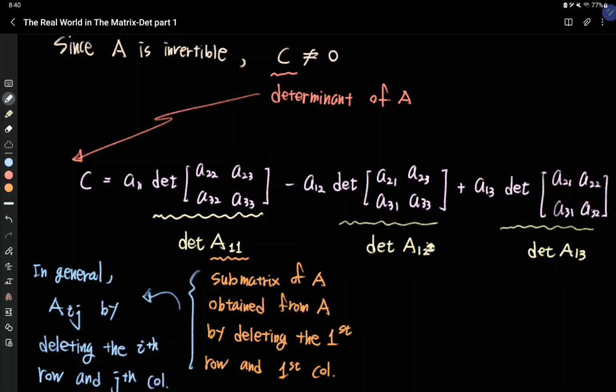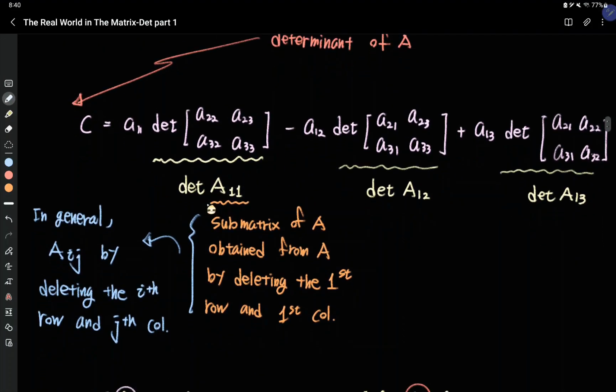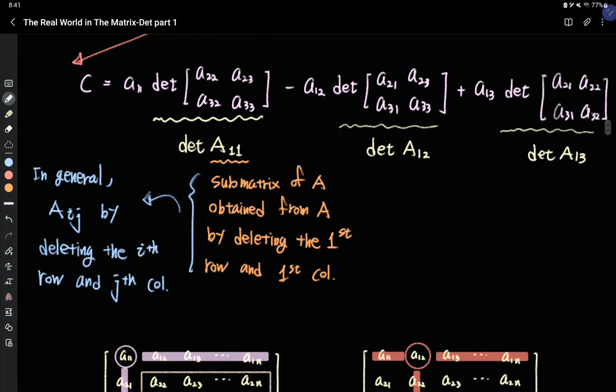So in the subscript, the first number represents the row index deleted, and the second index represents the column index deleted from matrix A to obtain the submatrix. The third one is the same. So in general, the notation submatrix A sub ij means deleting the ith row and the jth column.